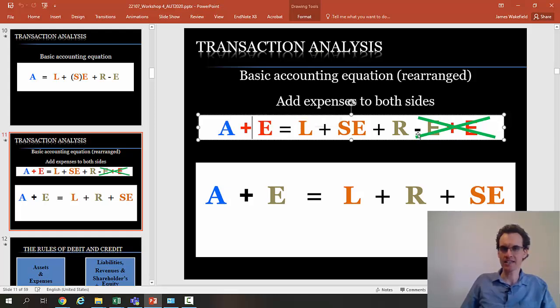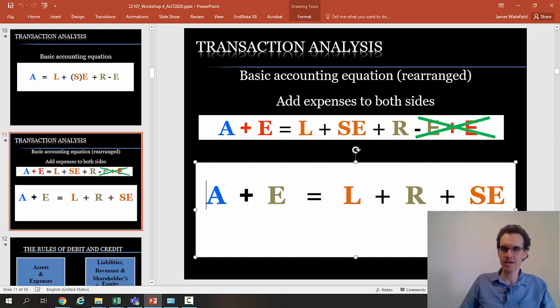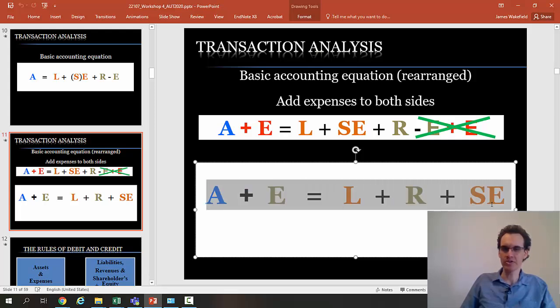So we add expenses to both sides, which clears revenues from the right-hand side and adds it to the left-hand side. So we now have a new way of looking at the accounting equation, which, as I mentioned before, is still the same equation. We've just got some extra detail here. We've got assets plus expenses equals liabilities plus revenues plus shareholders' equity.